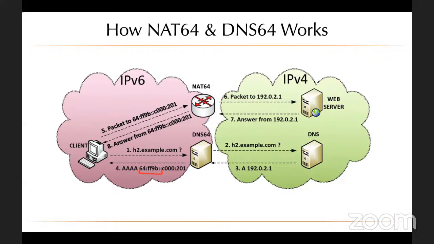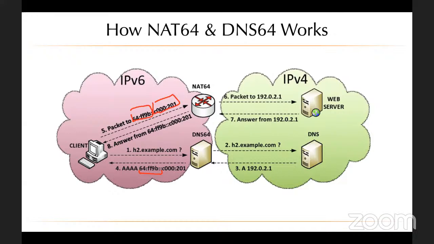And then the next thing is the client, now having the IPv6 address, the synthesized address, right? So it's going to send the packet to the NAT64 device. Then the NAT64 device is also aware of this prefix, right? So once it gets the packet, it's going to strip off the last portion and translate that IPv6 packet to IPv4.